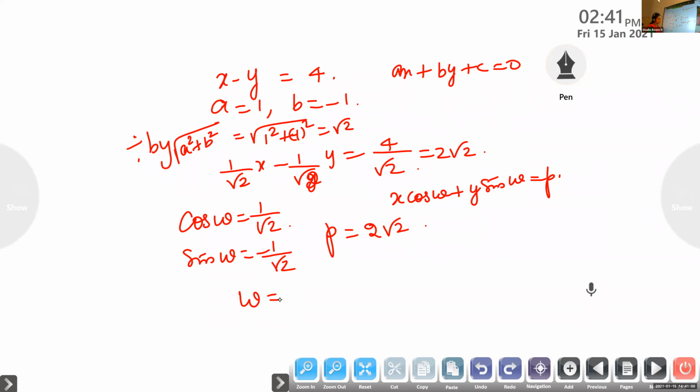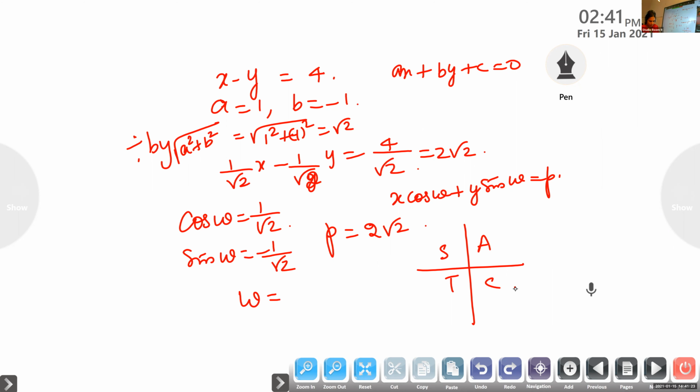Cos is positive and sin is negative. So in which quadrant will you get it? Fourth quadrant. It is in the fourth quadrant.